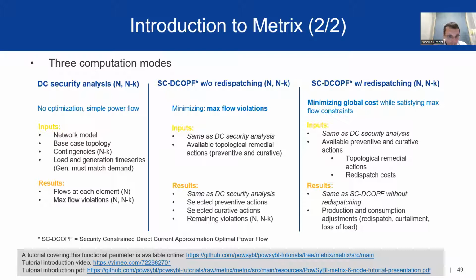It's a bit cut, but at the bottom of this slide, you will find more information about all the features of PowSyBl Metrics. Especially, there is a tutorial that goes through a 6-node grid and explains all these features one by one. The tutorial is available if you want to install the tool and go through it.